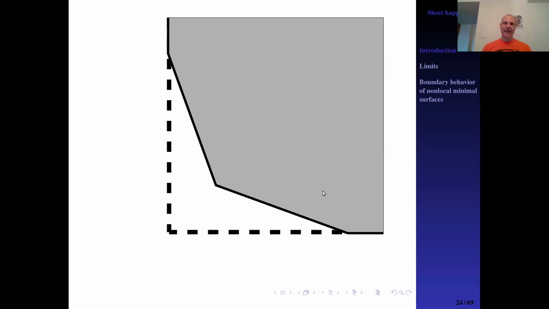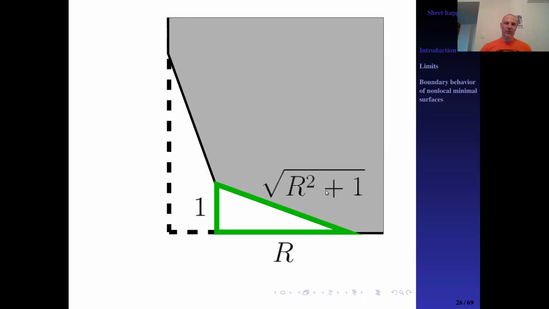And in the classical case, you gain doing this because the side of the hypotenuse is now the root of r squared plus 1, while the two sides are 1 and r.